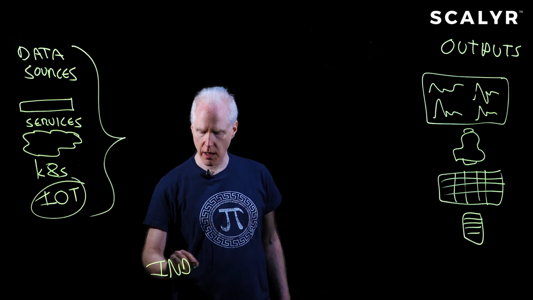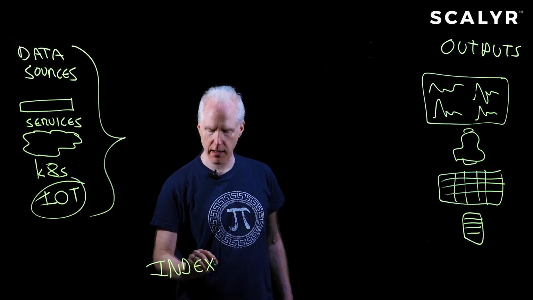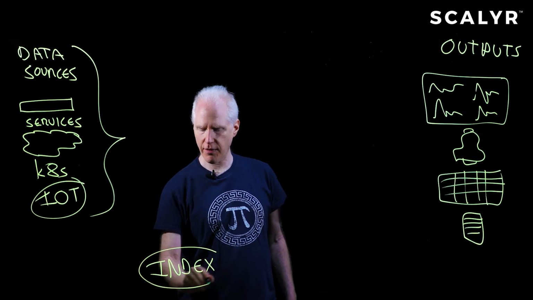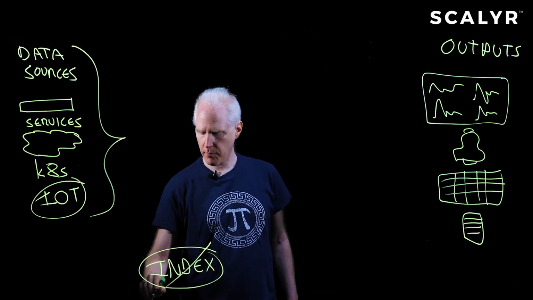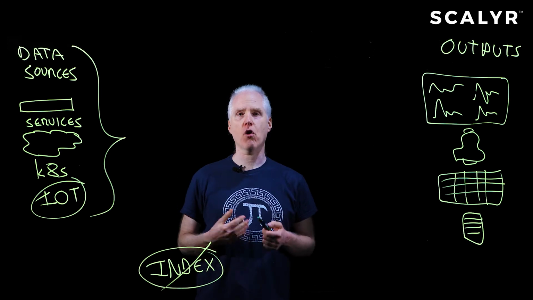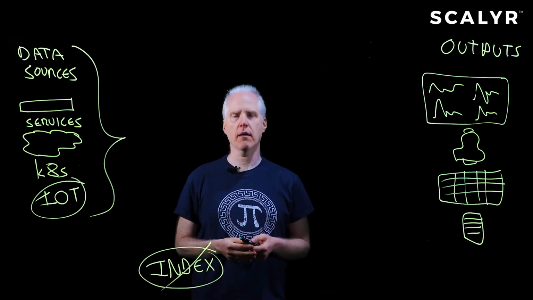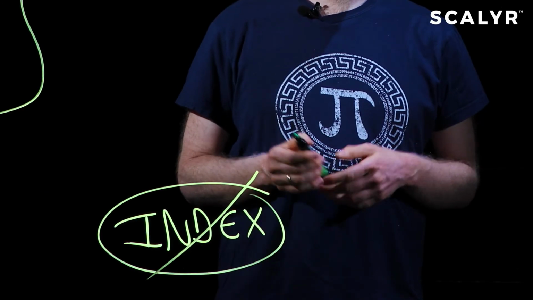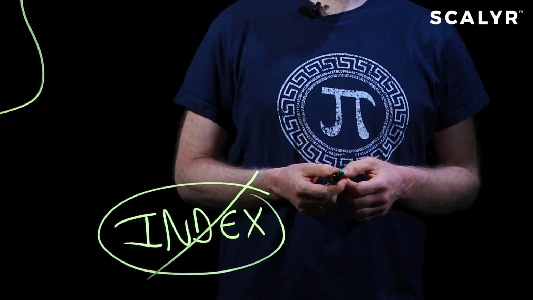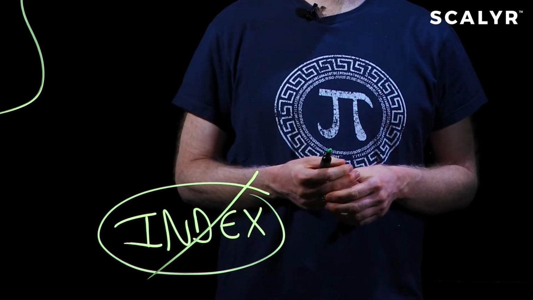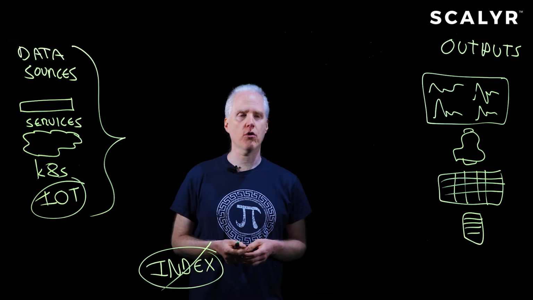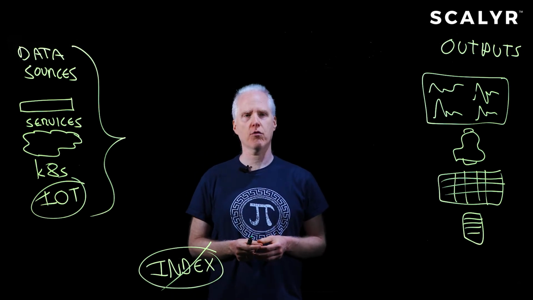Many existing solutions are built on a keyword index, or if not that, then some other kind of index. Indexes add a lot of cost and overhead to build and maintain, and they're really not always that helpful in observability and event data use cases. Keyword index in particular was originally developed for document retrieval.